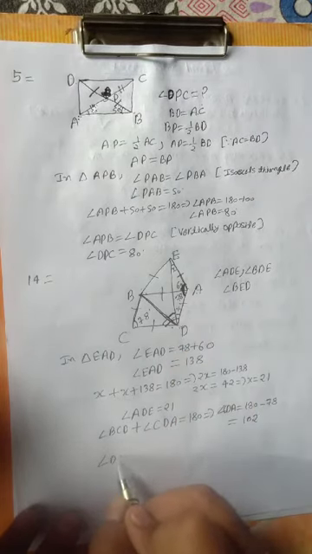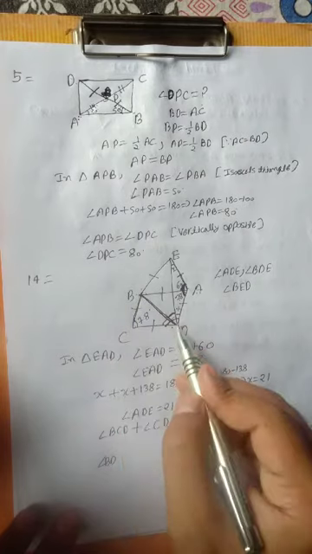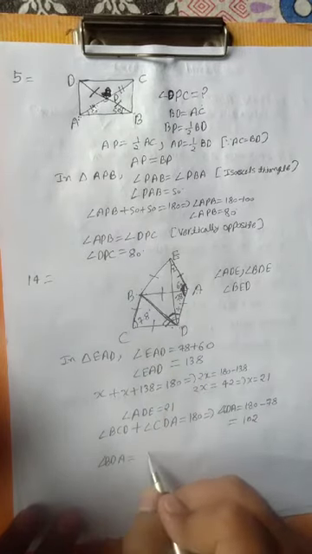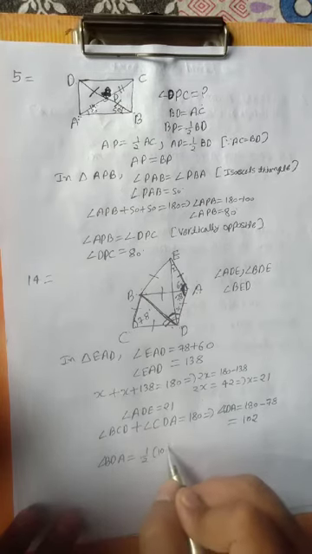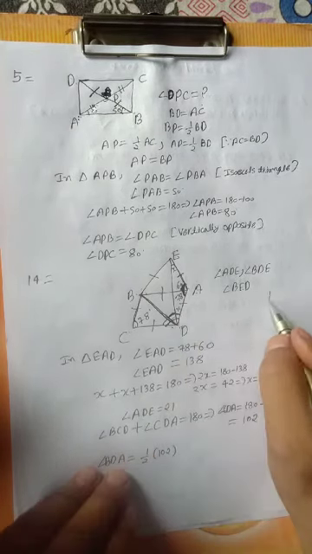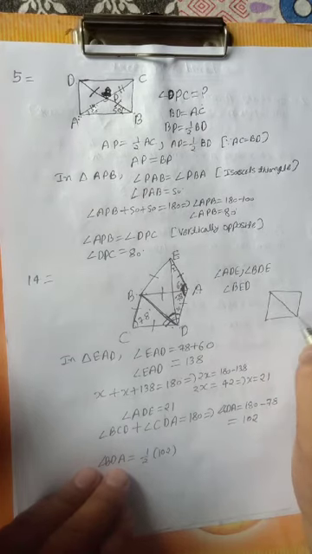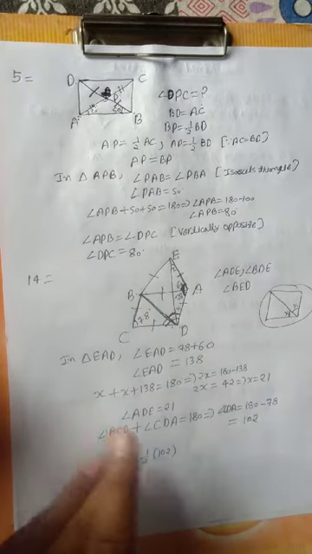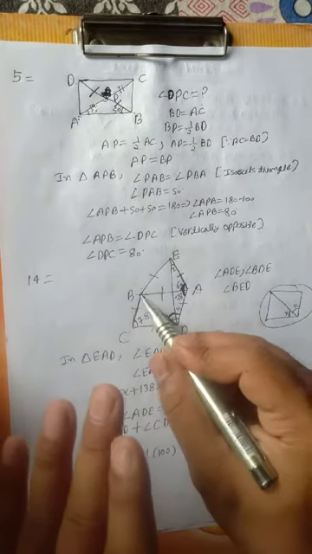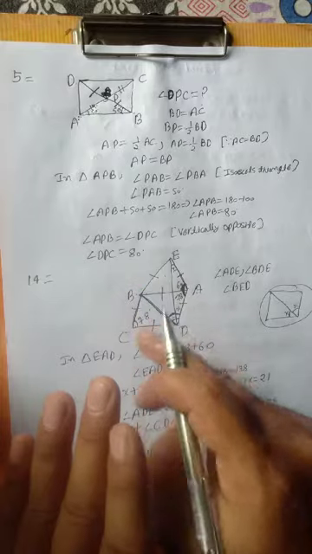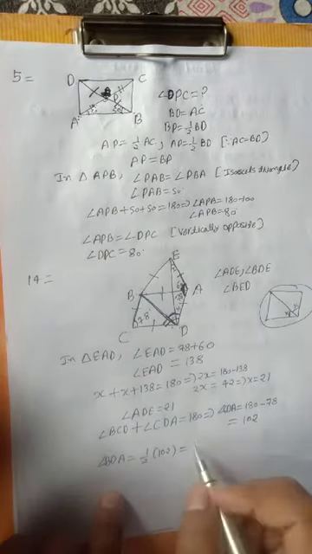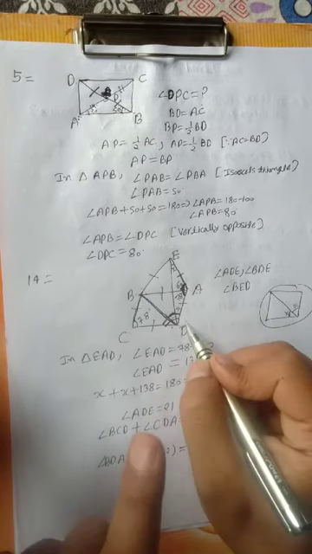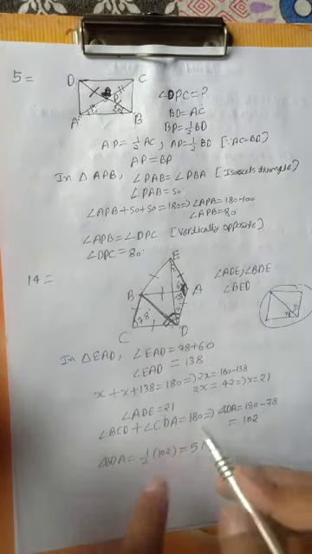Angle BDE, this angle, equals half of 102, because the diagonal of a rhombus bisects the vertex angle. The same process applies here. So this is equal to 51, this is equal to 51, and we know that x equals 21.